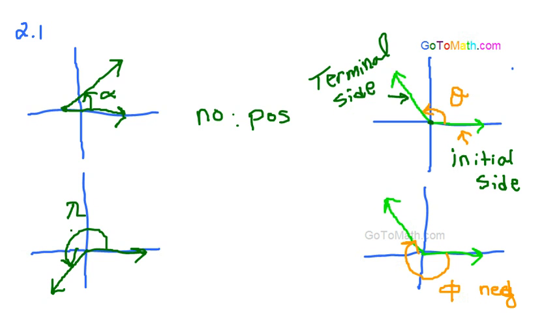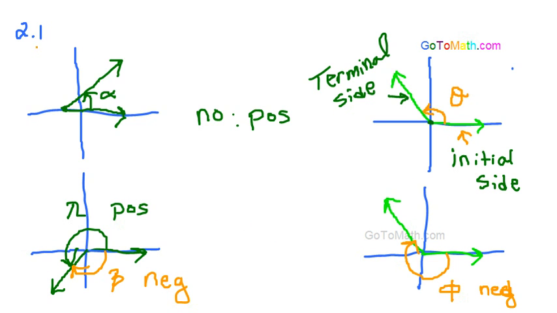Is angle lambda positive or negative? Angle lambda is positive because it's counterclockwise. But what if this is beta? Angle beta is negative, right? So I think you get that.